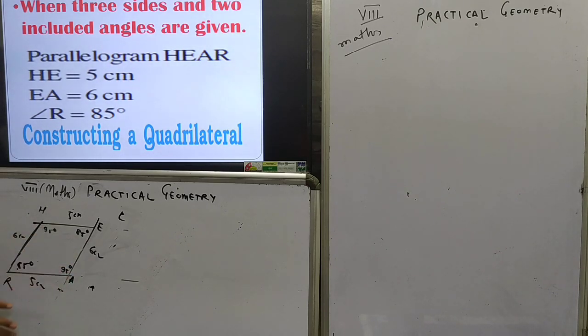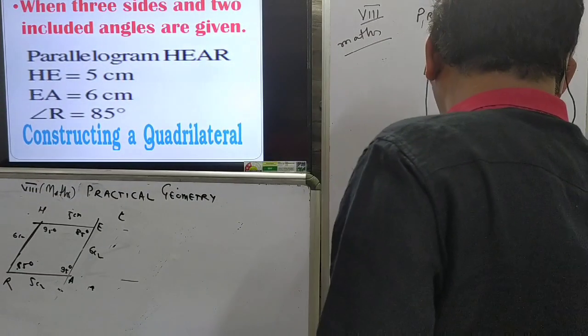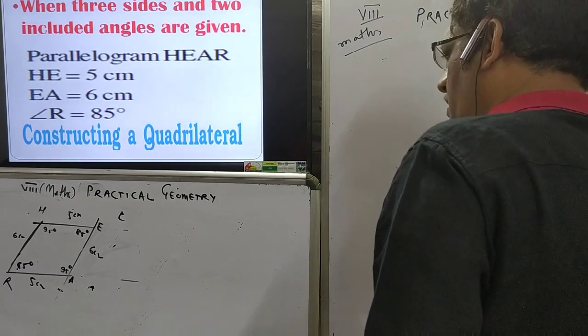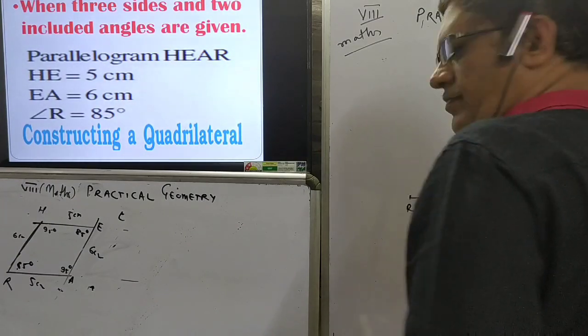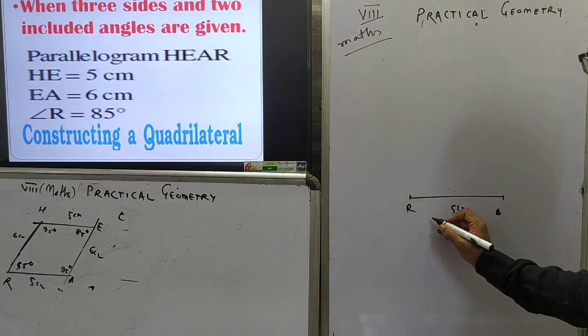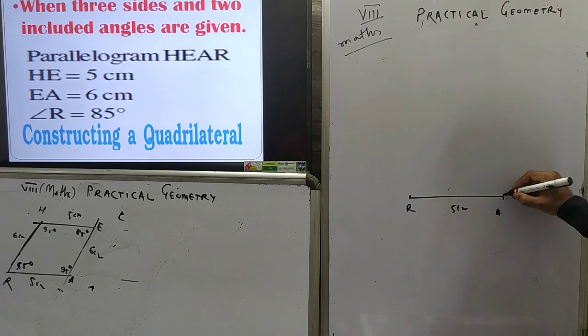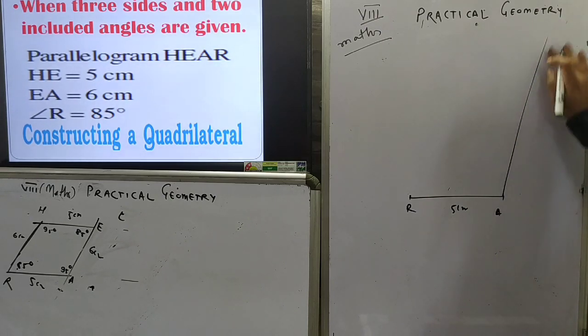Now we start with AR. AR is 5 centimeter. So construct 5 centimeter here. At this you cannot construct, but you can draw 95 degree.